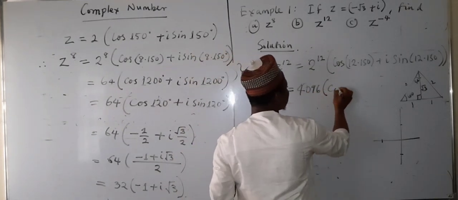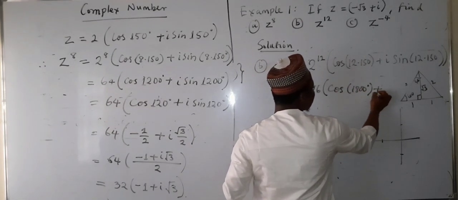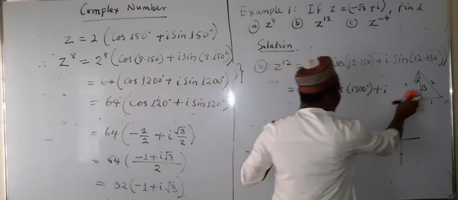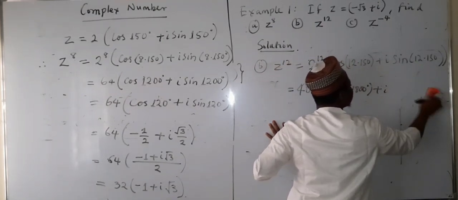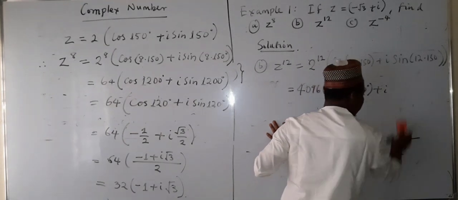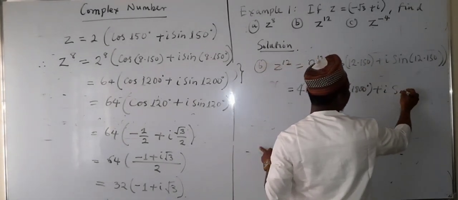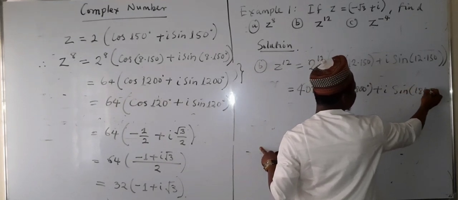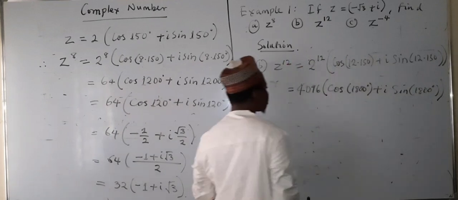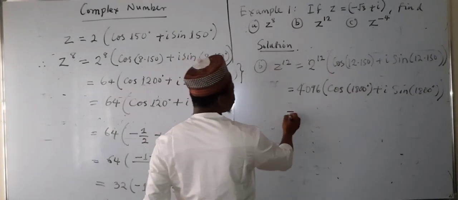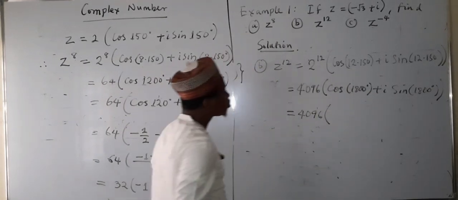Open bracket cos 1,800 degree plus i sine 1,800 degree. So this is the same as 4,096 times.